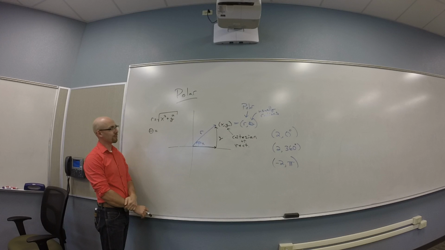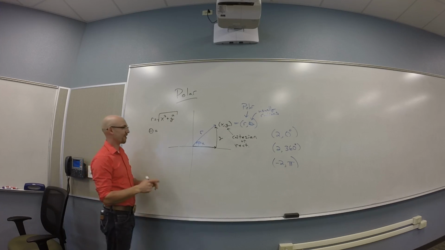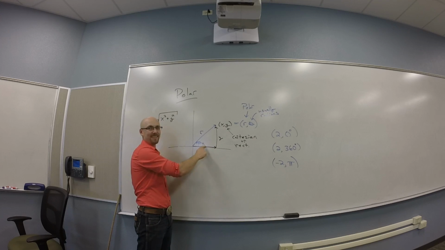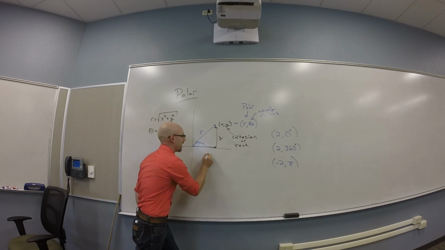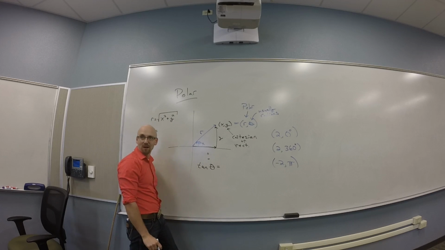So what's your angle theta? Theta has something to do with the slope, right? Inverse tangent or something? Kind of off to the side here, tangent of theta should be the what over what?